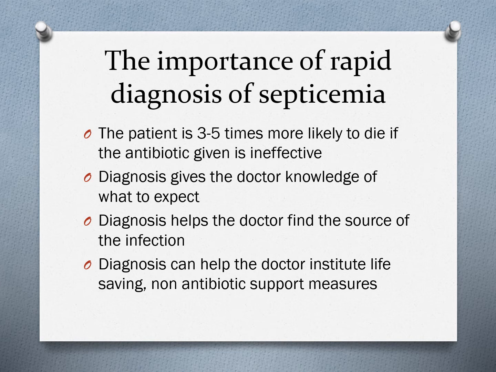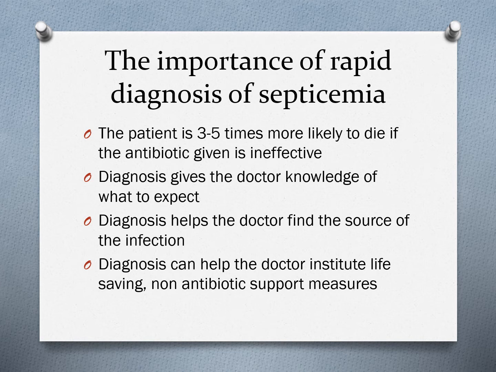The patient is 3 to 5 times more likely to die if an antibiotic that is given in the case of blood cultures is ineffective. So it is important that we rapidly diagnose our patients as having septicemia. Also, we want to give the doctor as much knowledge as we can so they know what to expect if there's going to be any complications and things of that nature.